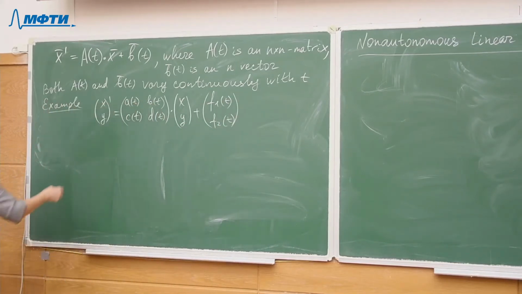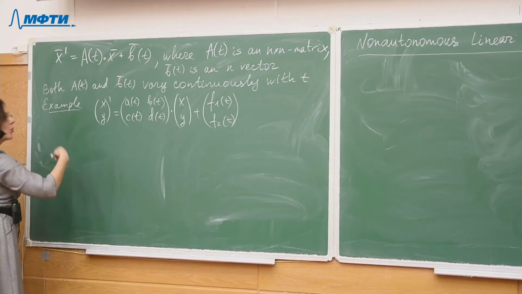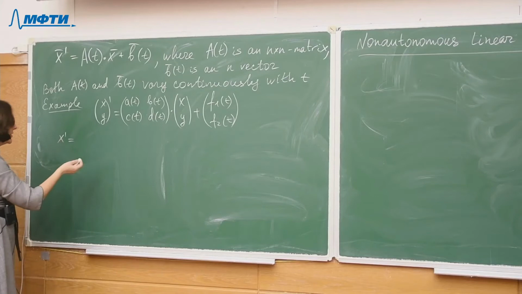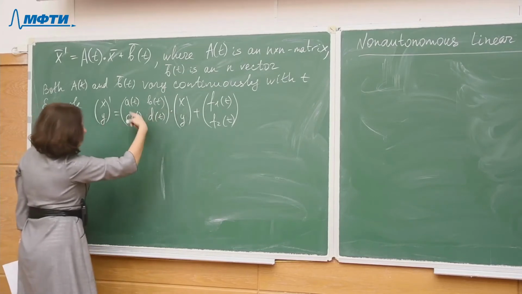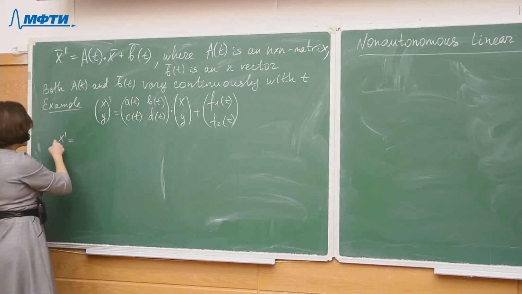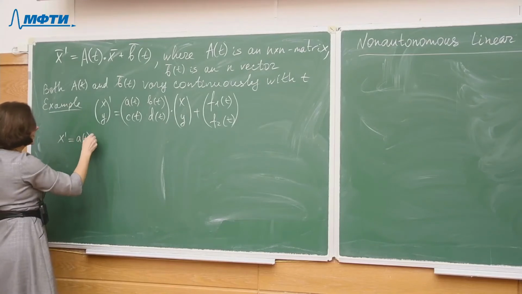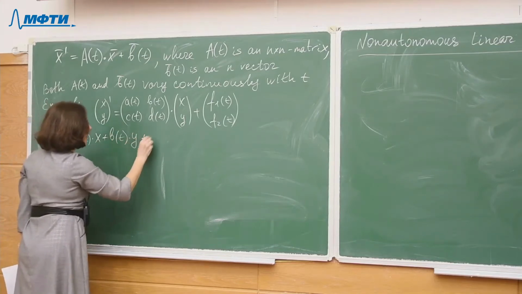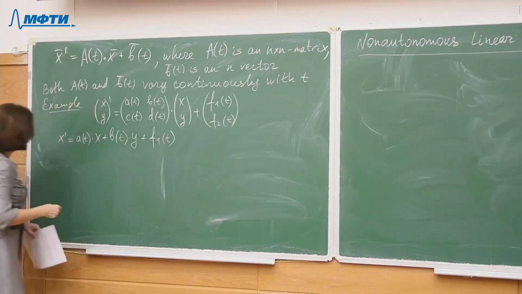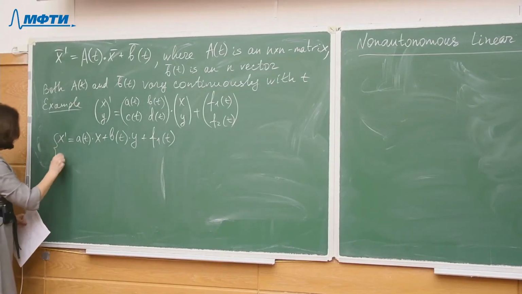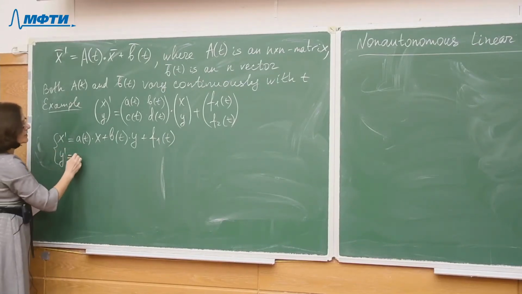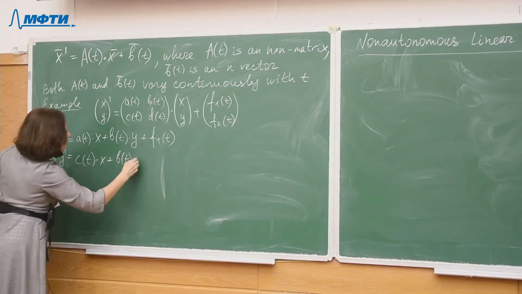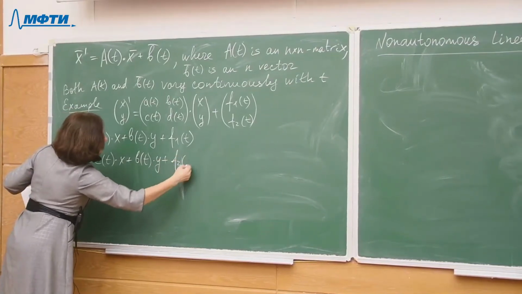This is the vector form or matrix form, and in the coordinate form we can rewrite this. So x prime is equal to A of t times x plus B of t times y plus f1 of t, and the second equation will be y prime equals C of t times x plus D of t times y plus f2 of t.